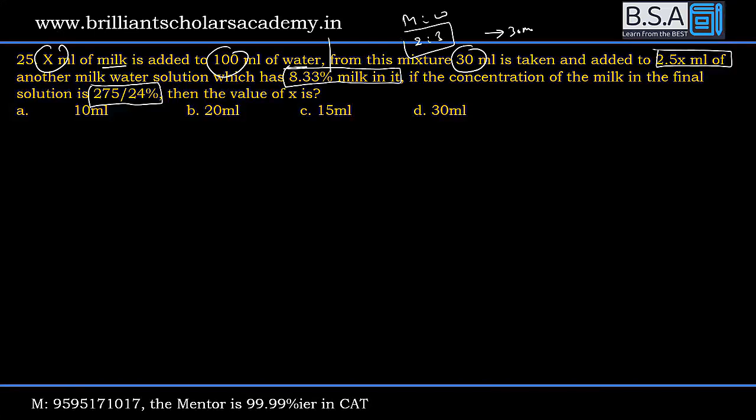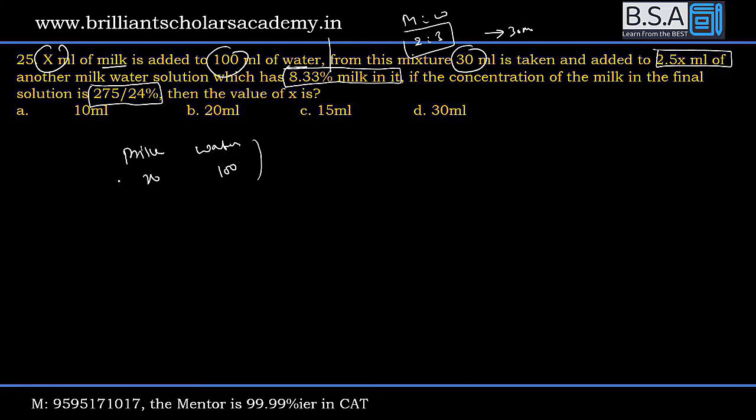Whatever ratio you had, the ratio remains same when you take out a mixture. Proportion does not change. So what is the proportion here? The proportion of milk is X and water is 100.